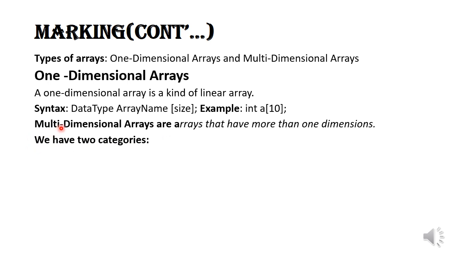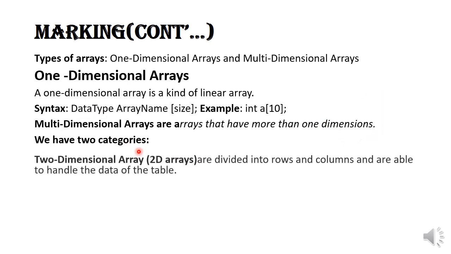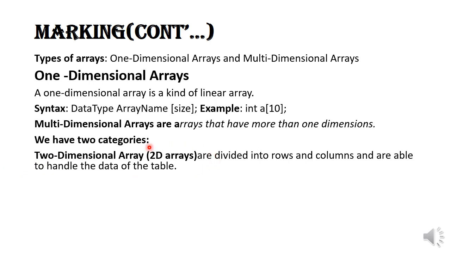Multidimensional arrays are arrays that have more than one dimension, meaning the dimension is greater than one. But we have two categories. We have two-dimensional arrays, which are like matrices or tables.